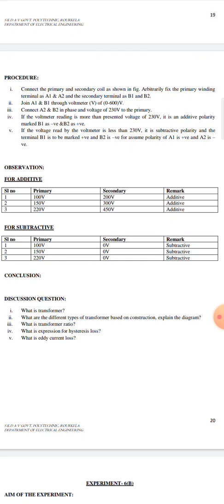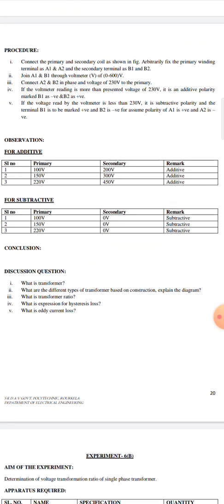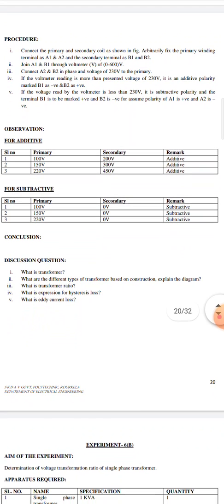If the voltage read by the voltmeter is less than 230 volt, it is subtractive polarity and the terminal B1 is to be marked positive. And B2 is negative, assuming the polarity of A1 is positive and A2 is negative.